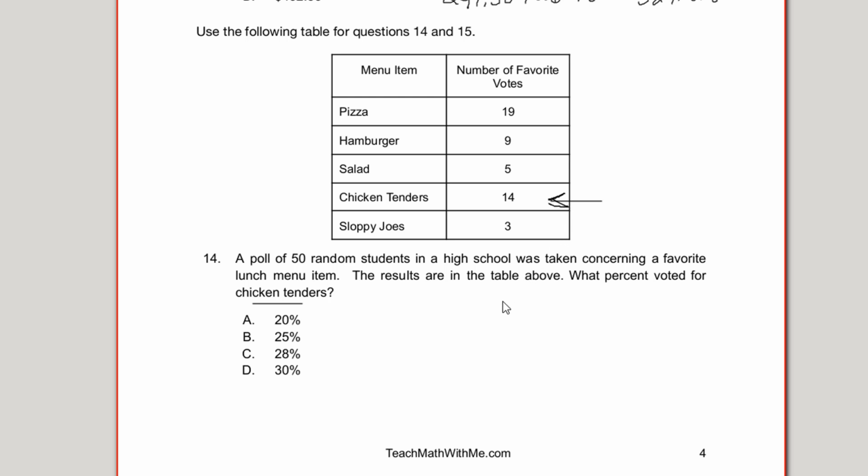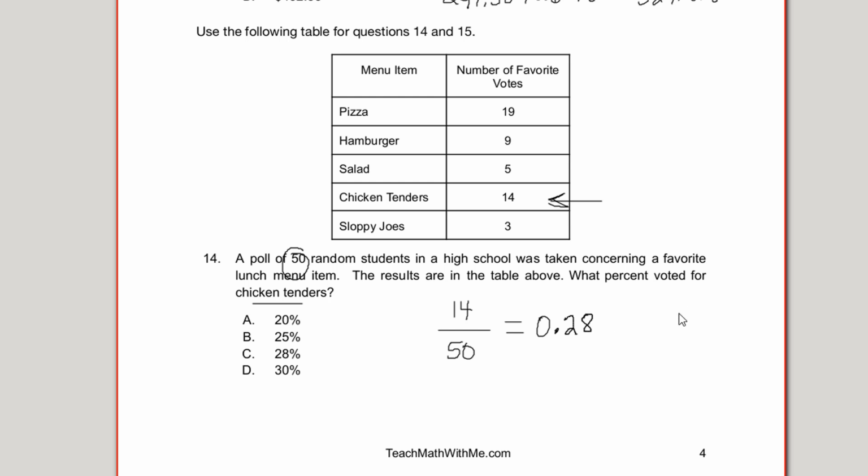So to get a percent, it's going to be a part. So 14 voted for chicken tenders divided by the whole. How many total students took part in this survey? 50. So we'll take 14 over 50. You can plug that into your calculator because we're looking for a percent, and we get 0.28.